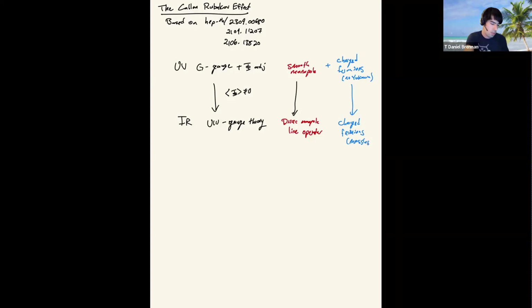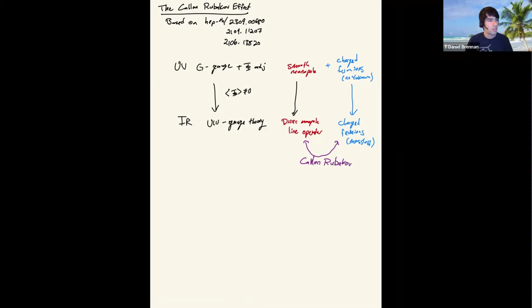And so the Callan Rubakov effect is about the interaction between these Dirac monopole lines and those charged fermions in the infrared.